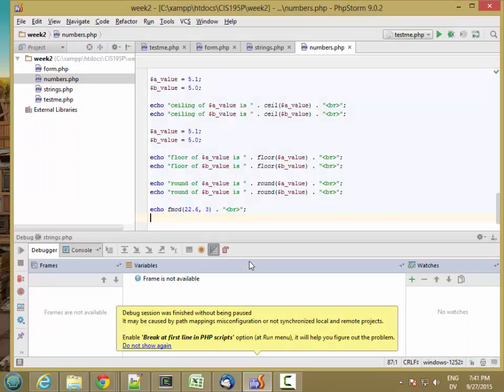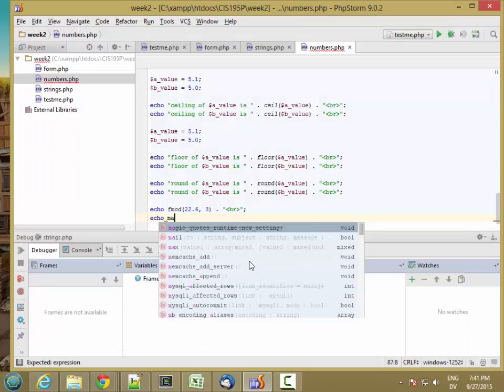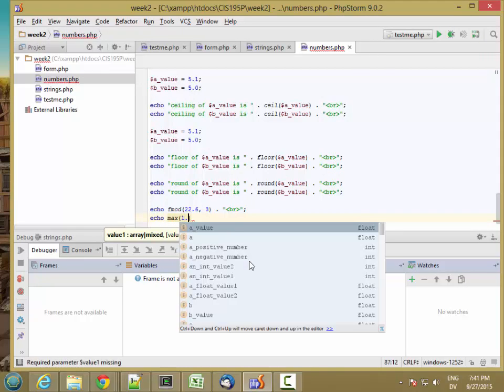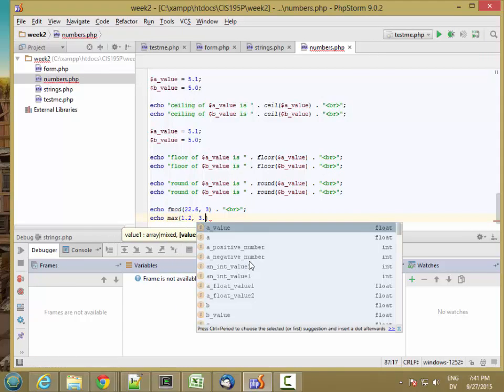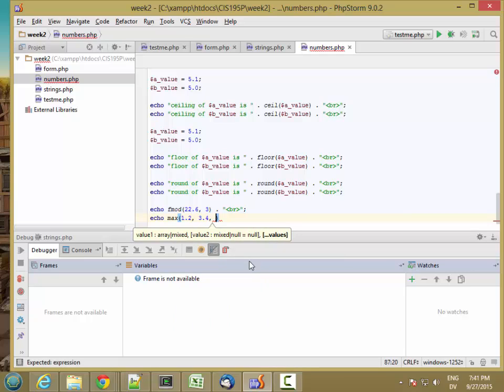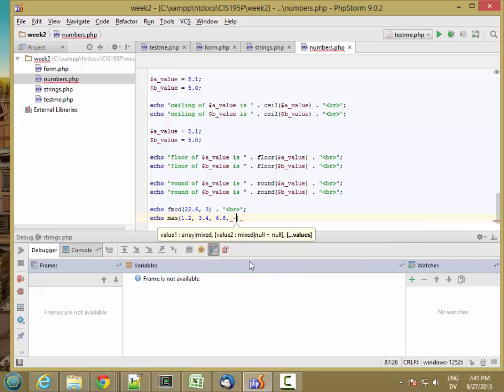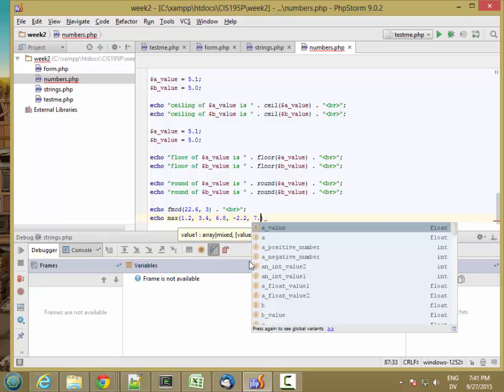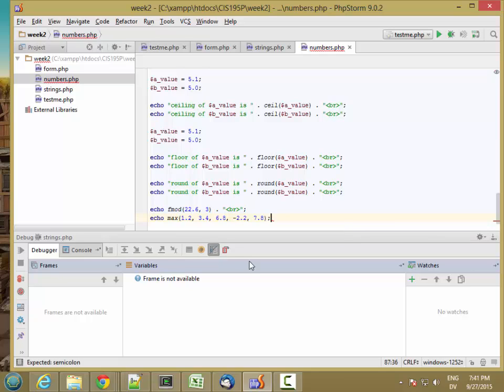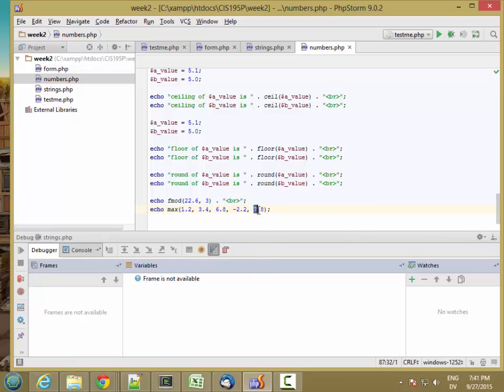So for example, 1.2, 3.4, 6.8, minus 2.2, 7.8. The max should be 7.8.